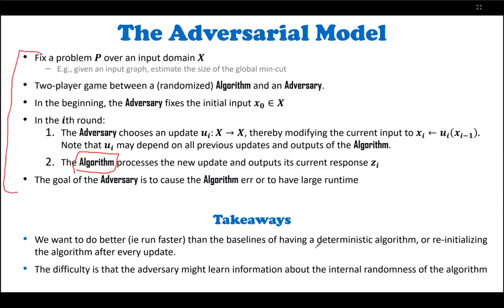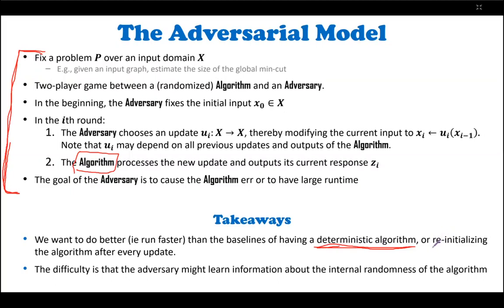You could easily show that if your algorithm is deterministic, and if it solves the problem in the classical oblivious setting, then the algorithm also solves the problem in the adaptive setting. So that's a possible solution, but designing deterministic algorithms is often very costly.